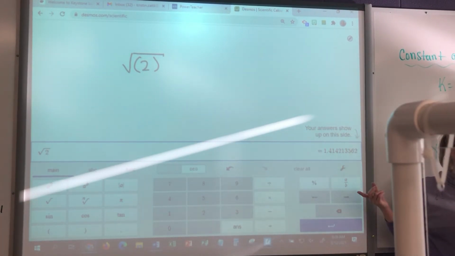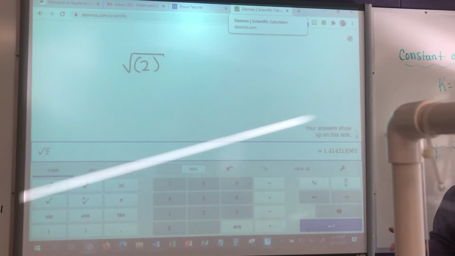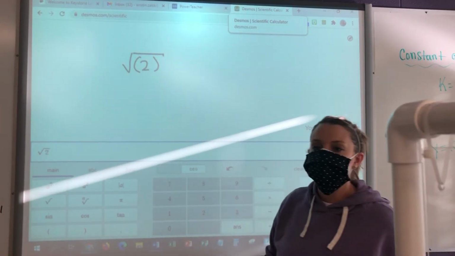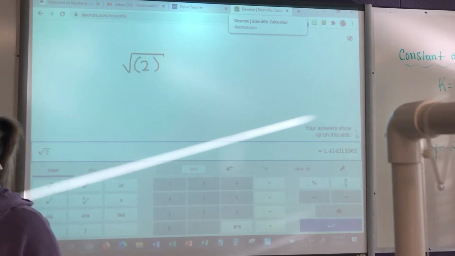It's a large decimal, right? Is it repeating in any way? It's not repeating in any way. A lot of square roots are going to be irrational numbers. We can't write these as fractions. Okay, so you won't have to worry about converting a fraction to an irrational number.